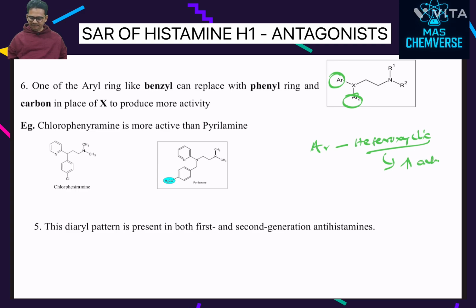AR2 is the phenyl group, and a para position substituent on that phenyl group, like this, is also responsible. A para position substituent always increases the activity. Remember that. Okay, I think it is clear. I hope so. Then we will go to the next, our second part.